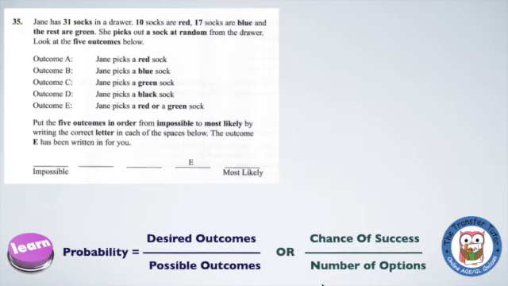Okay, so moving off to the side so we can have some room to play with. The key thing to understand and to learn about probability is how we actually work it out.